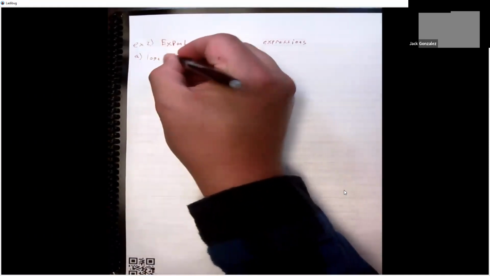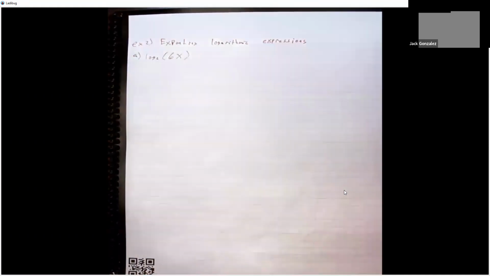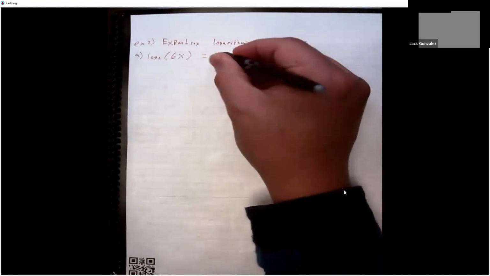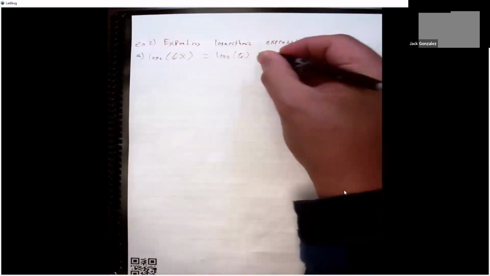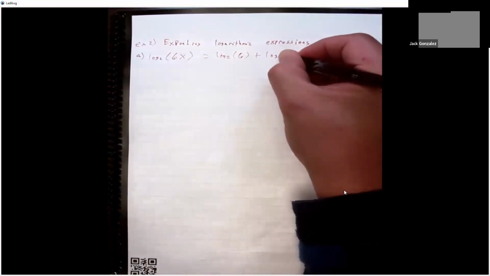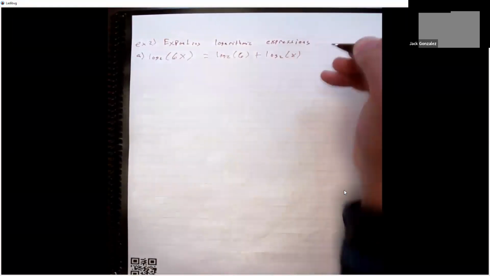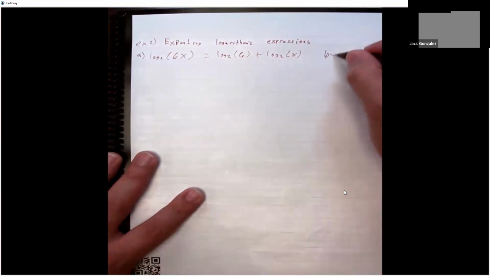Log base 2 of 6x. So expand as far as you can. This is 6 times an x, right? So separate it into a sum of 6 plus the x. Right, so that's by rule 1.